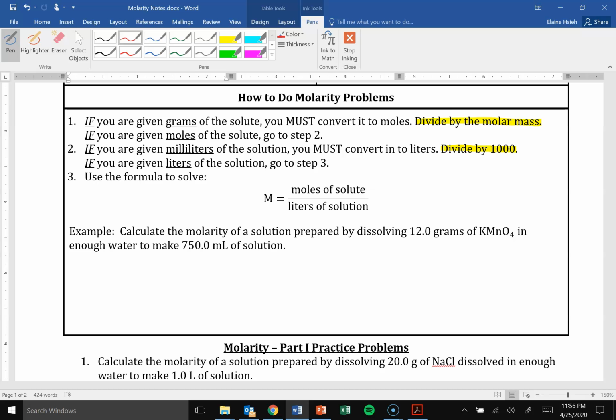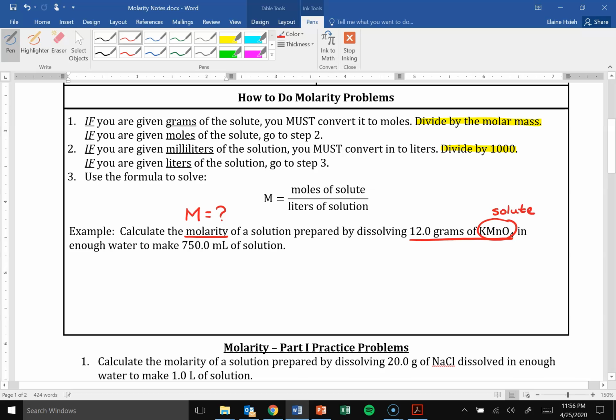All right, so I'm going to look through this problem first and figure out what I'm given and what I'm looking for. So I am going to calculate the molarity. So I'm looking for the molarity, big M. And I'm given 12 grams of KMnO4. So KMnO4 is the solute.